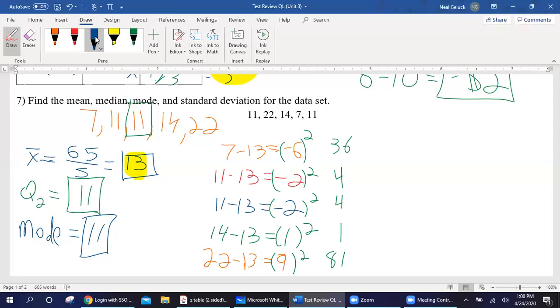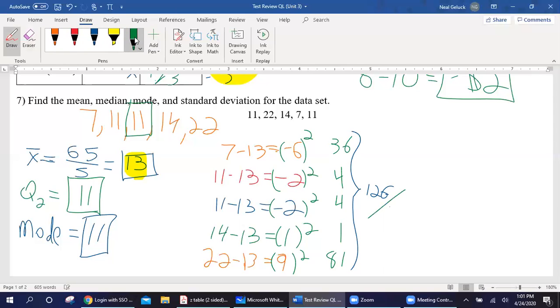The next step was to find the sum of these squares. If I add those up, I get 126. The next step was kind of weird. We divided by n minus 1. So n is how many data values I had, which was 5.